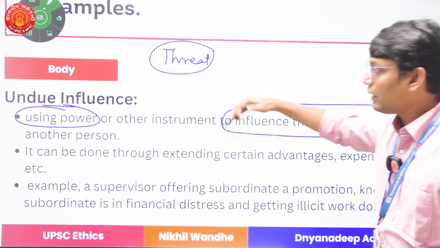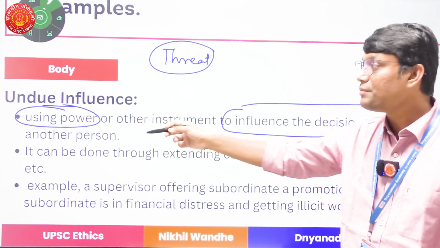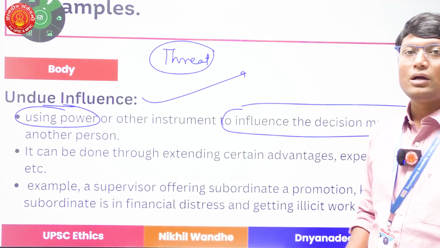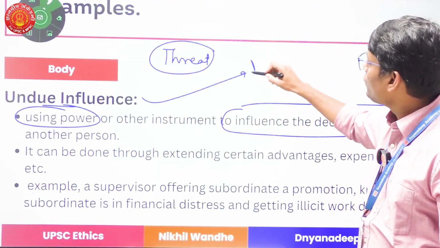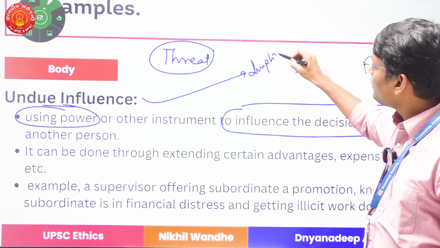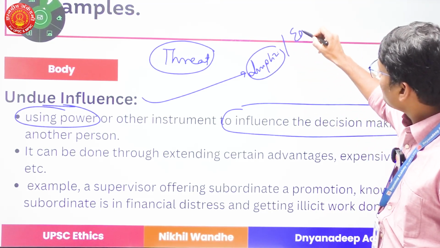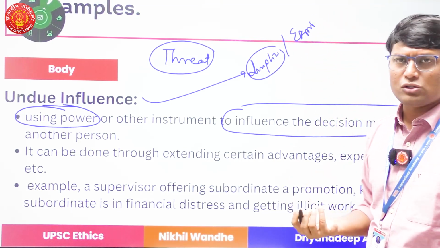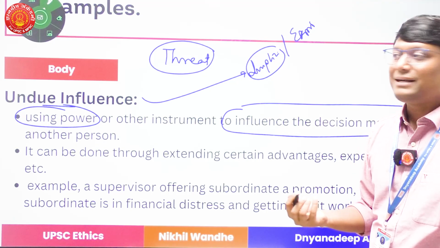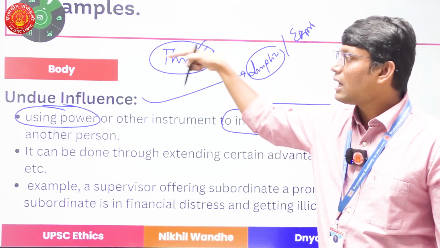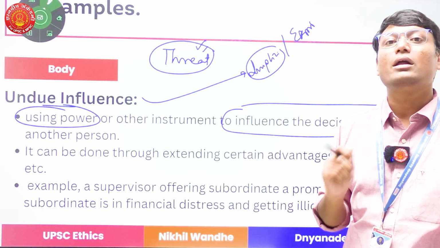So I'm not threatening you in this particular case. I'm just influencing you. I'm maybe influencing you in an implicit manner, or that influence could be explicit also. Fine. But here I'm not having anything which will threaten you, right?